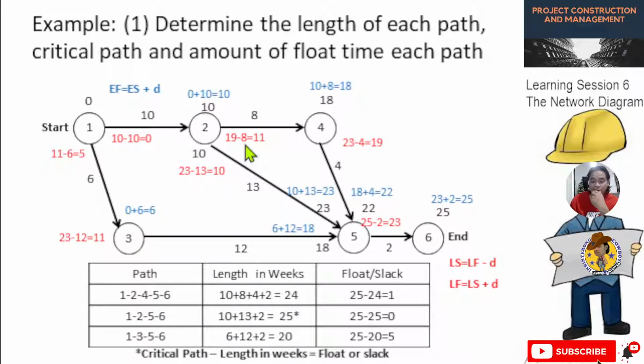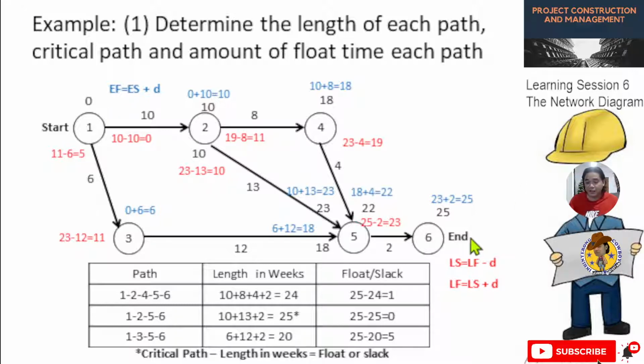Among the two, the lesser is 10. So we'll use 10. For this one, we have 10, the last finish for this activity, then 10 minus 10 for the duration. Now the answer, or the last start, is 0. It's the same with this one.